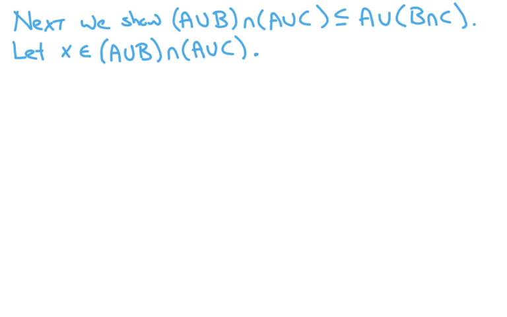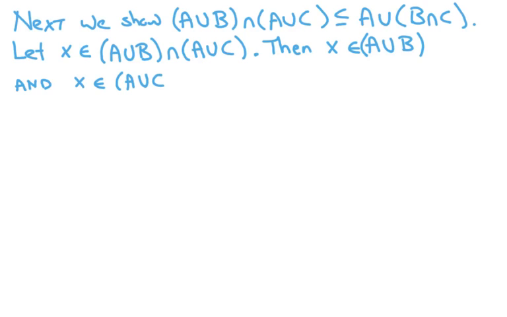Okay, so we have to parse out what this means. Then X is in A union B and X is in A union C. Now, something I want to point out, you don't really need these parentheses here. I'm just doing it because when I'm writing on this tablet, it's a little tricky, and I like to have it be as clear as possible.